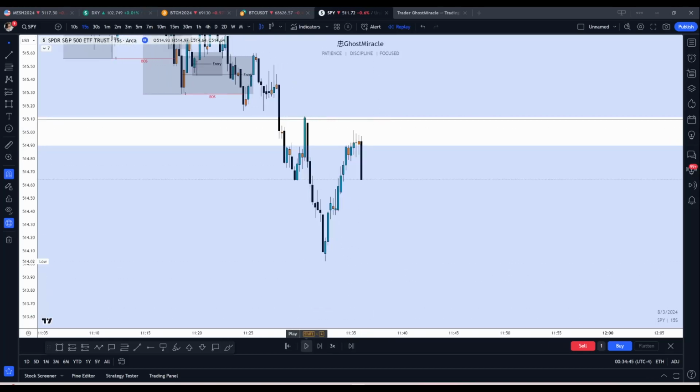Maybe it went a bit lower. Trying to find this long wick candle to the upside.